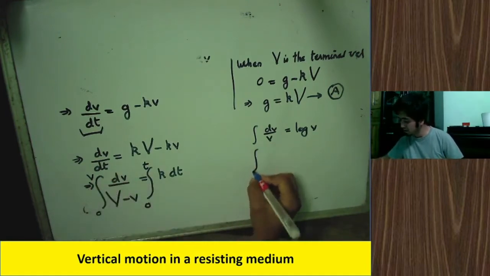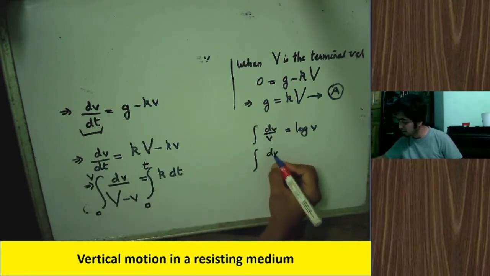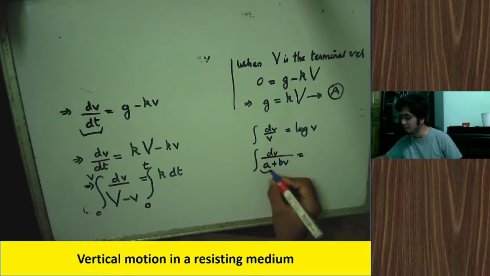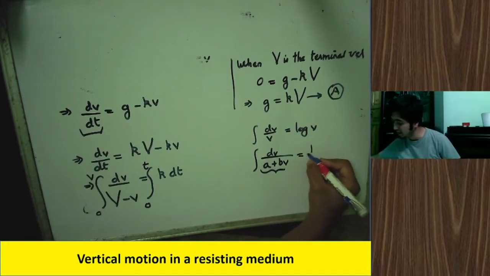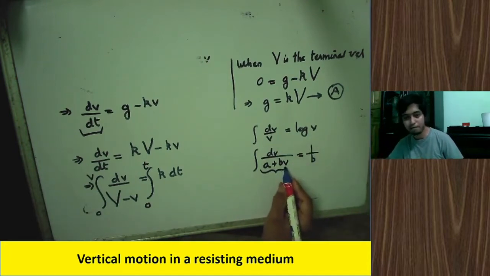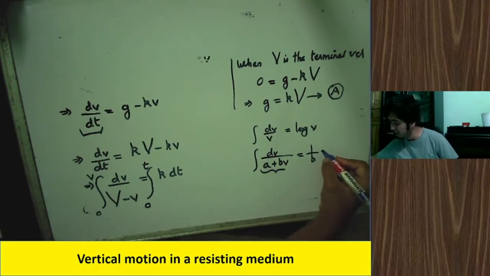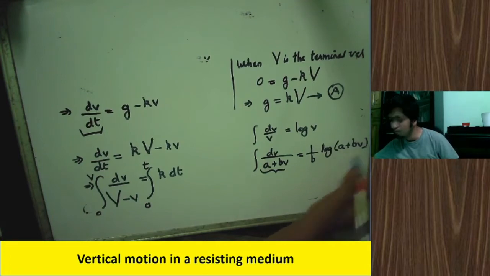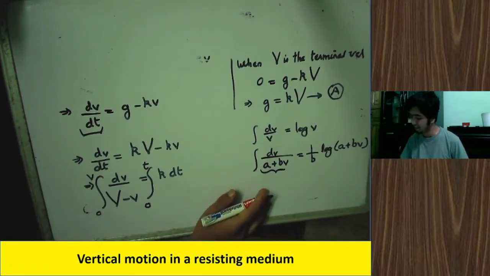Always remember, because we have only one variable v, if you replace it with a linear polynomial a plus bv, it will be the same thing. The coefficient of v is b, so the result will be similar, but we just have to divide by b.